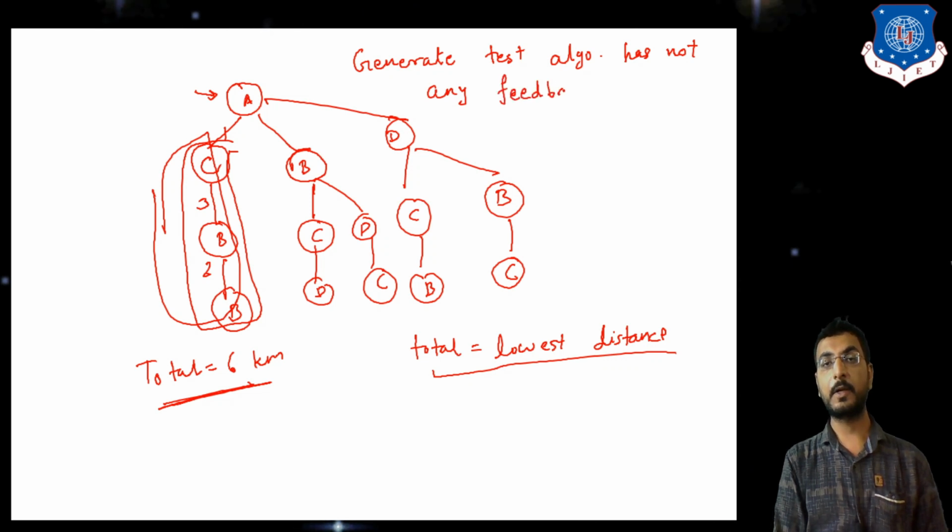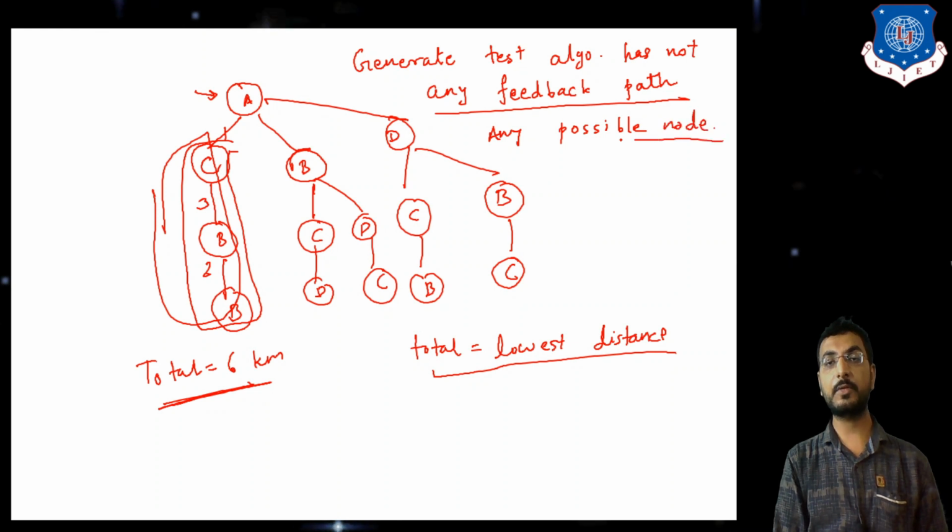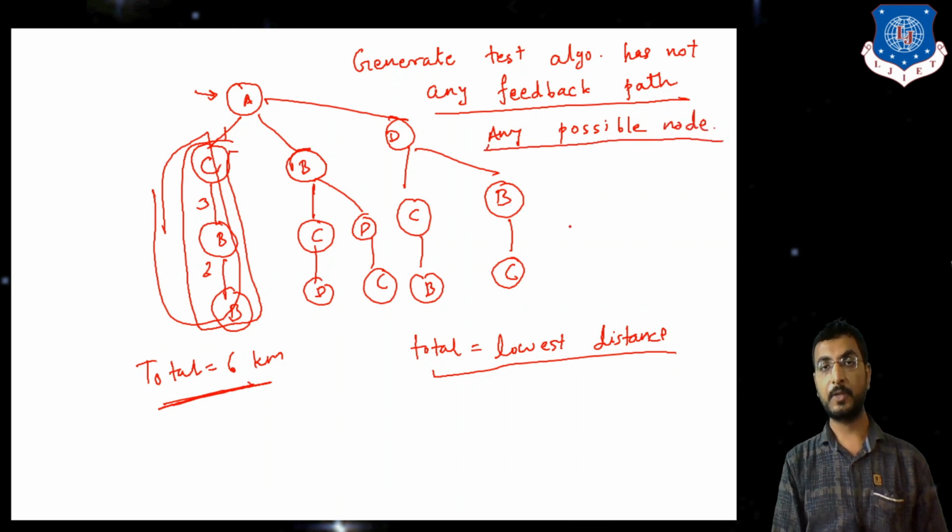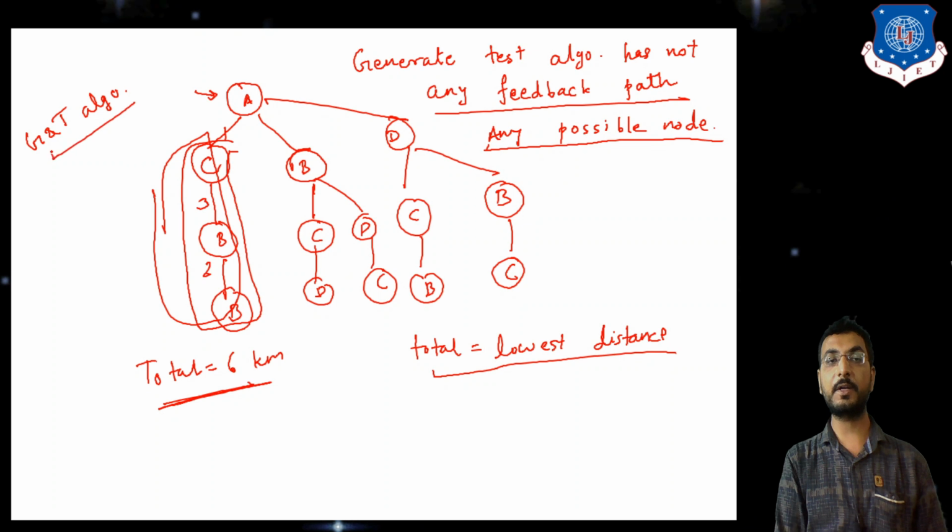Since this feedback path is not there, it will be able to select any possible node. So that is called the generate and test algorithm, or we can say the generate and test technique.